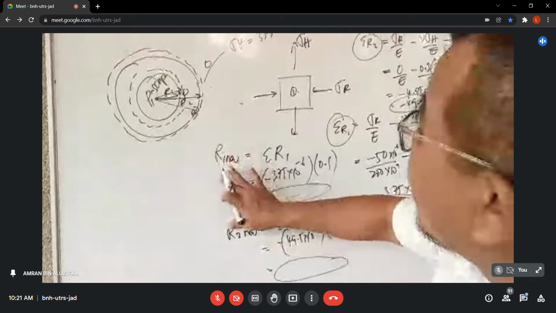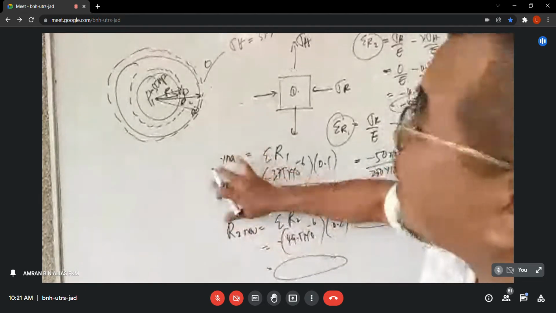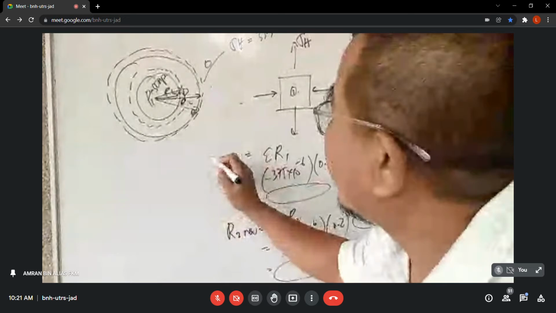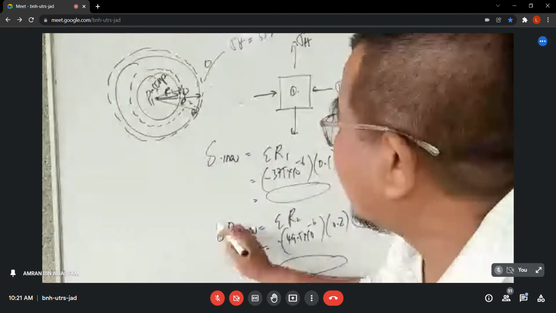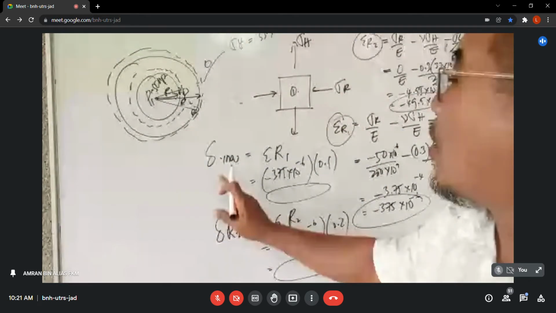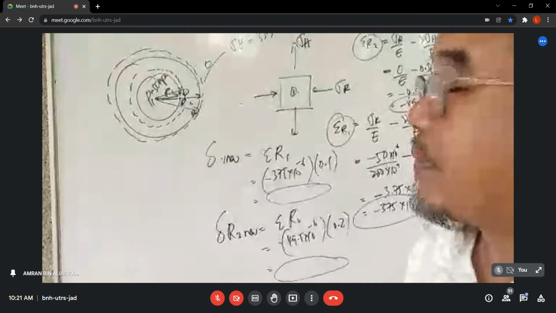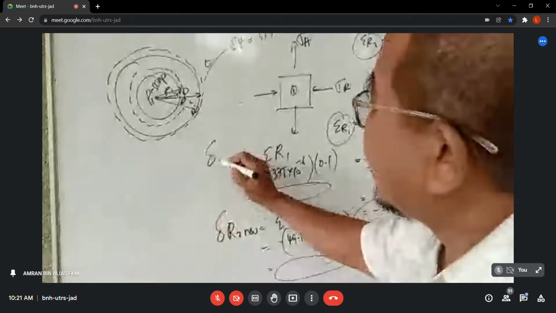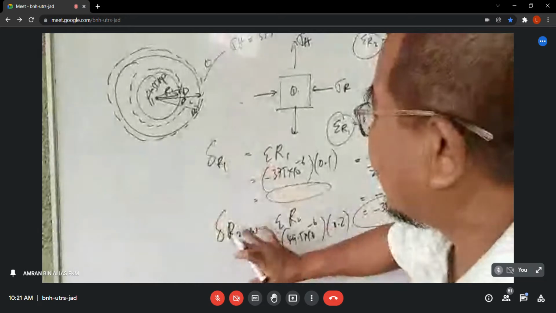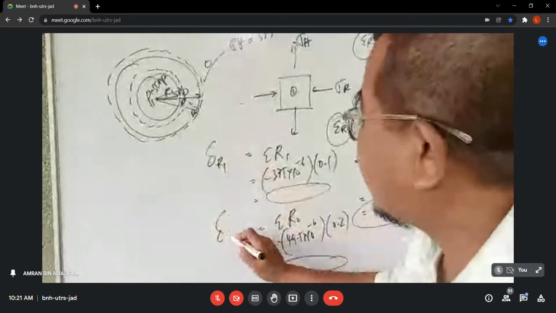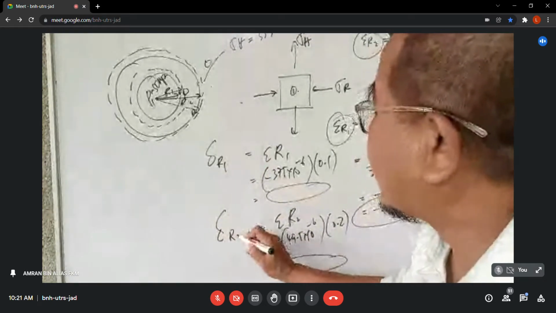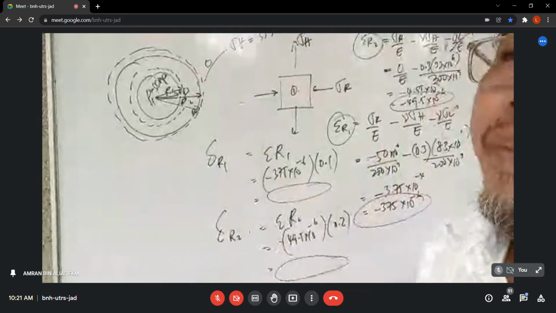Sorry, this is not R1. This is delta, right? Not R1, the delta R1. Delta R1, delta R2, change in radius, right?